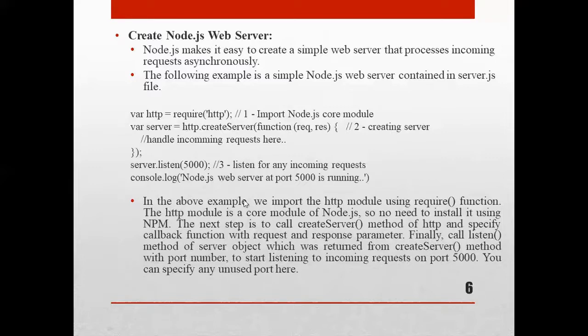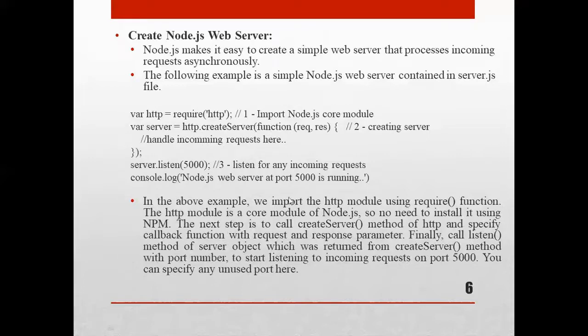In this example you can see we imported the HTTP module using the require function. This HTTP module is a core module of Node.js, so there is no need to install it using npm.